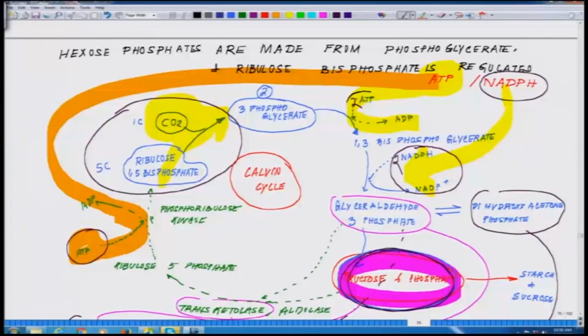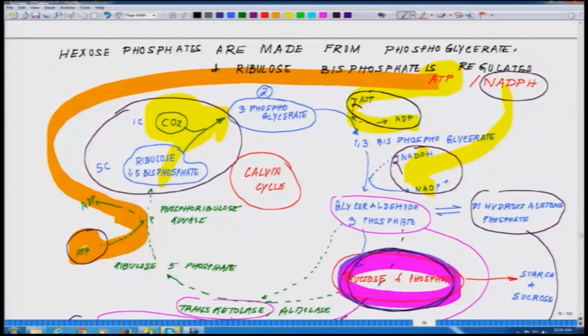Now in this process, if you go back to the cycle, we saw there is involvement of ATPs out here. There are 2 ATPs which got involved when 3-phosphoglycerate is converted into 1,3-bisphosphoglycerate. You have 2 NADPH making NADP, and you have another ATP molecule converted to ADP by donating that phosphate group in the conversion of ribulose 5-phosphate to ribulose 1,5-bisphosphate. So ribulose 5-phosphate has a single phosphate and 1,5-bisphosphate has 2 phosphate moieties.